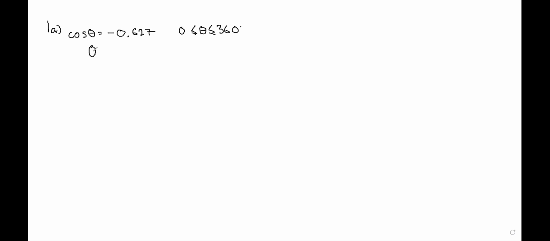Would someone use your grade 10 skills, do the inverse of cosine to figure out what the angle must be to give me a ratio of negative 0.627? All right, Waylon's got it. Everyone else, hope you agree.